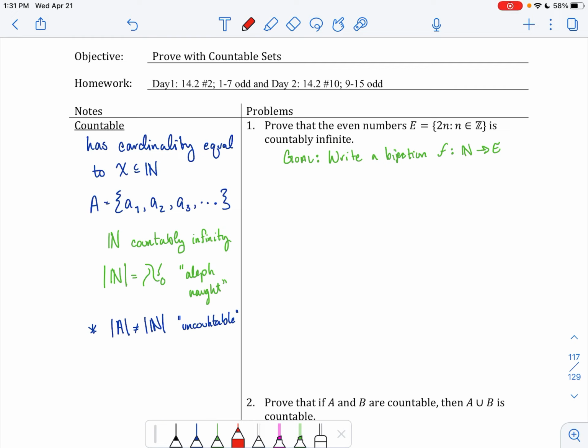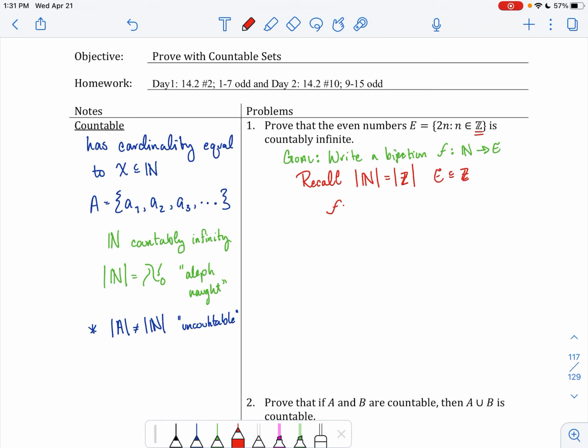Now, sometimes in order to make ourselves easier, one thing that's really helpful is I'm going to say recall that we already know this is true. So we could also write a bijection to the integers, and since the evens are a subset of the integers, I'm going to do that instead.